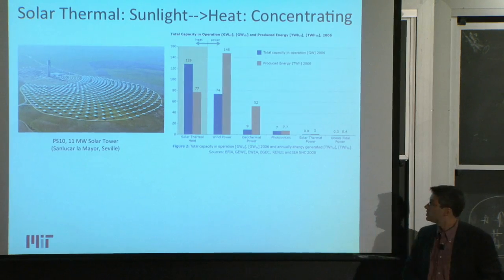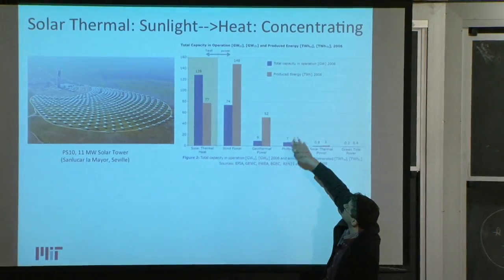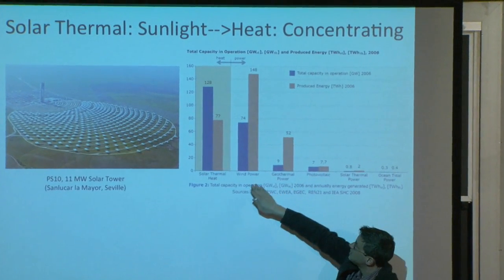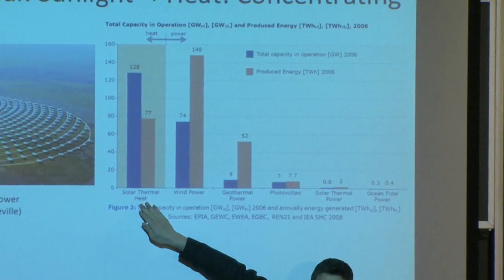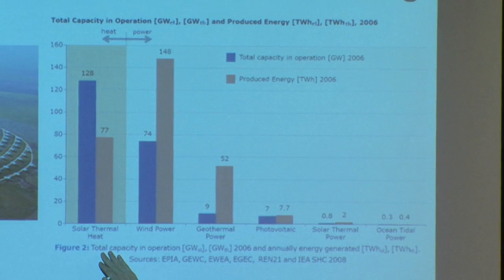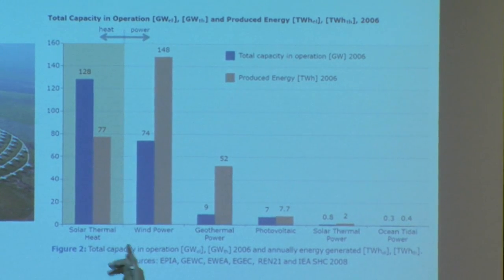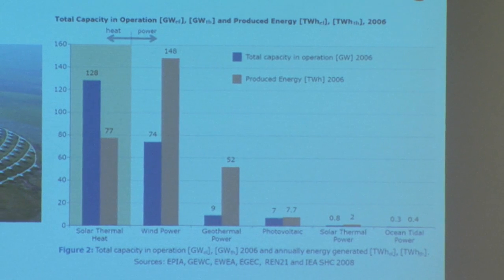Okay? Here's the distribution. This is actually interesting, right? This is how much capacity there is and how much is produced. But you can see that using solar thermal as heat is actually the second most utilized renewable resource in the world. Okay? But that's the painting the barrel black and putting it on your rooftop. That's not making electricity.